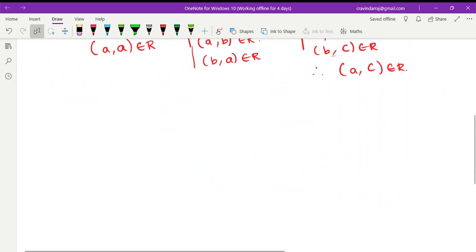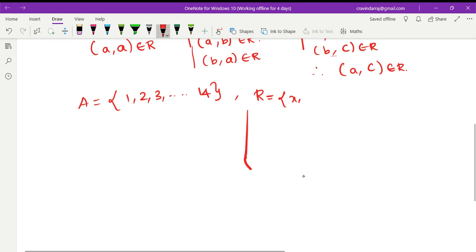So in the first problem, they have given the set 1, 2, 3 up to 14, and they have given the relation R equal to {(x, y): 3x minus y equal to 0}.